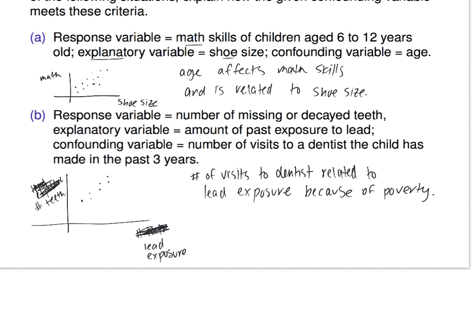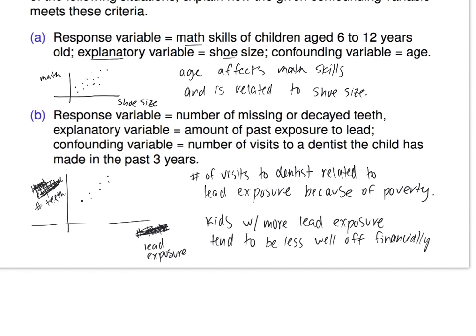So what I meant to say with this question was just that kids with more lead exposure tend to be less well off financially, and therefore go to the dentist less.